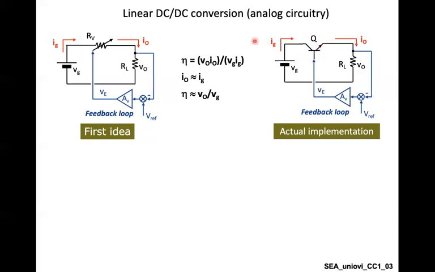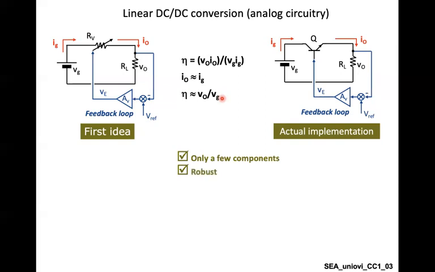So you can easily cancel I output with IG, and the efficiency is V output over VG, and it goes without saying that V output will be smaller than VG, again due to the potential divider. So it's a very simple way of stepping down your voltage from one stage to another.